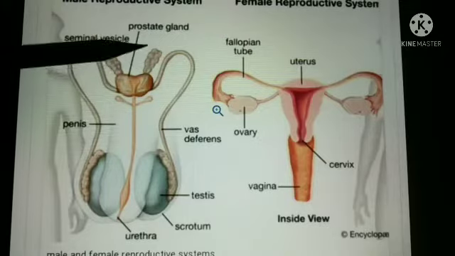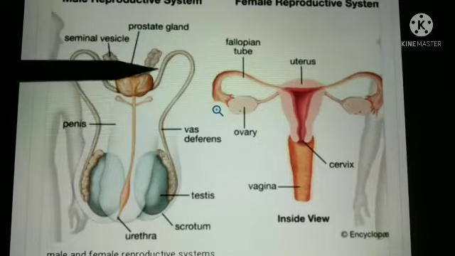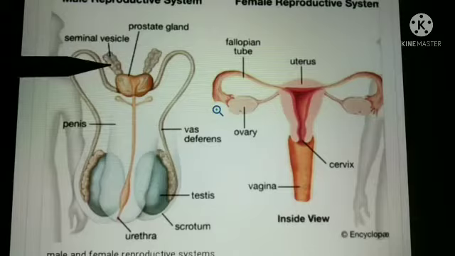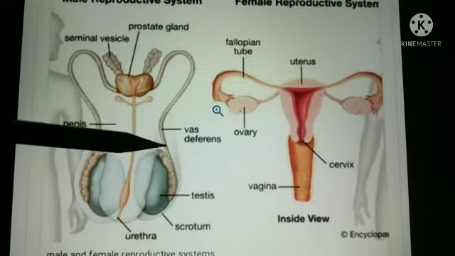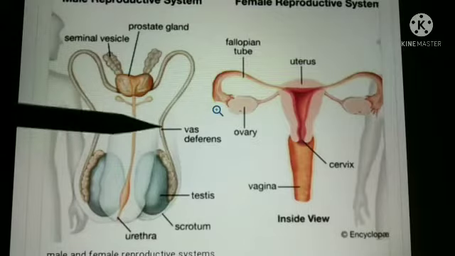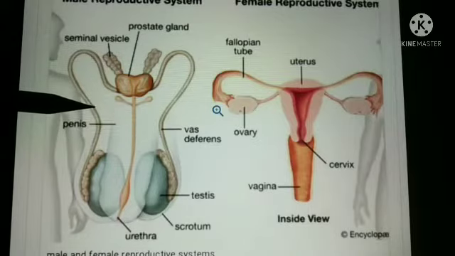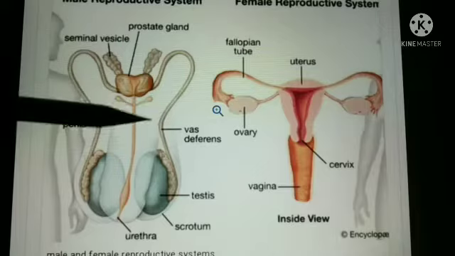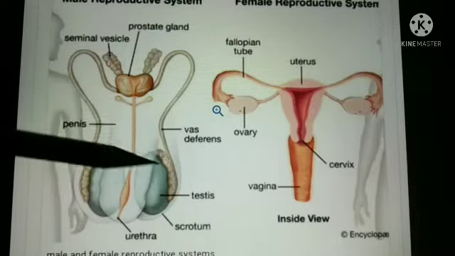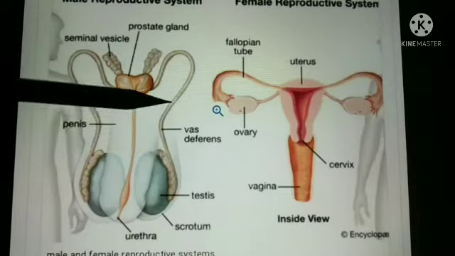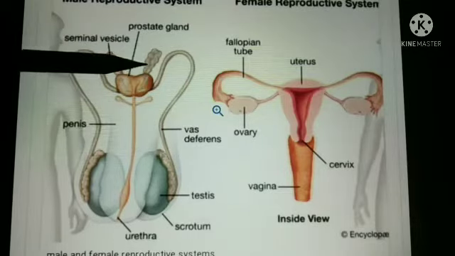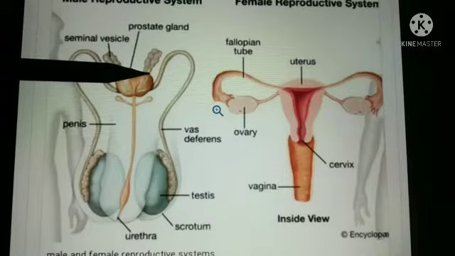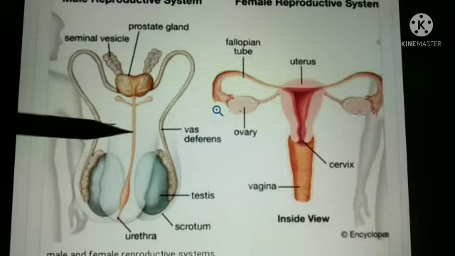Seminal vesicles also produce the fluid called semen. Next is vas deferens. A pair of vas deferens is a pair of ducts leading from the testis to the seminal vesicles, through which the sperm travels.